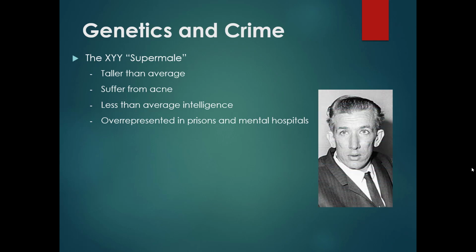And the poster child for the XYY supermale was Richard Speck. Richard Speck was a mass murderer who, in 1966, systematically killed 8 student nurses from a Chicago hospital slash university.